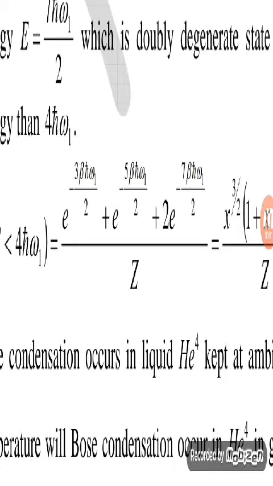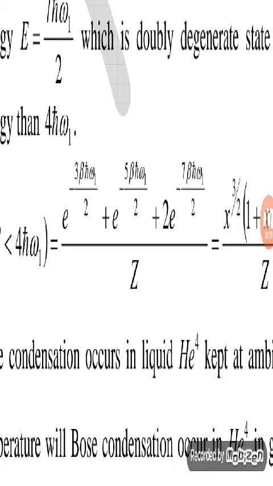Substituting these values in the probability expression, probability is nothing but the summation of e power of minus E by kT over these energies. So there are 4 possible states: minus 3 by 2, minus 5 by 2, and minus 7 by 2, doubly degenerate. So we are adding these in the numerator. In the denominator we divide by the partition function.